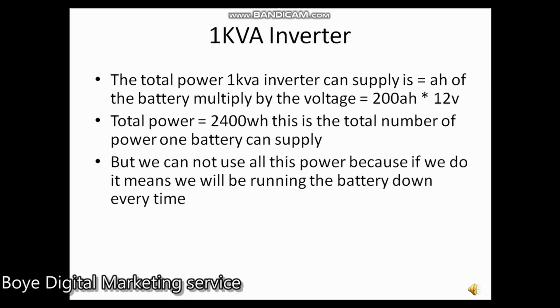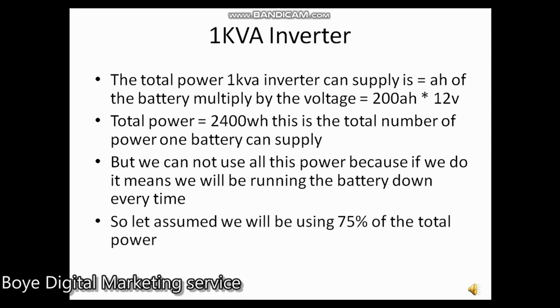Now, as you all know, you cannot draw all this power at the same time. If you are drawing all 2400 watt hour, it means you are running down the battery. So let's take an example.